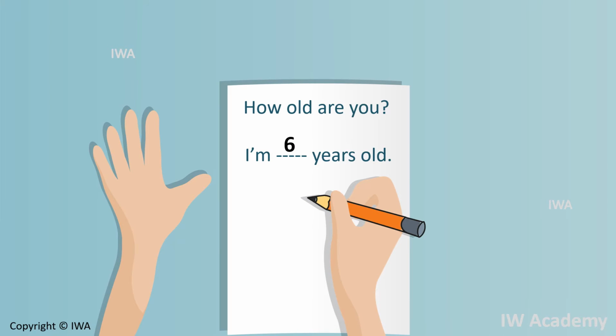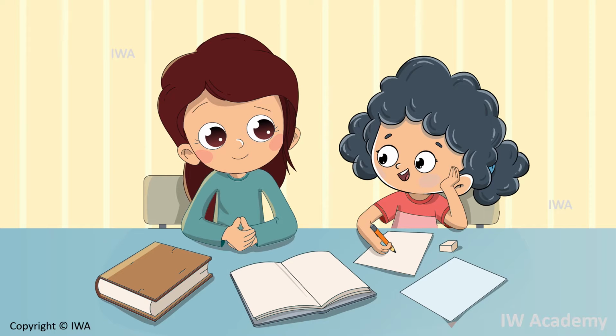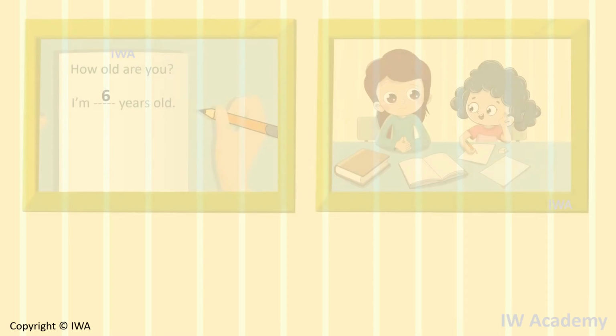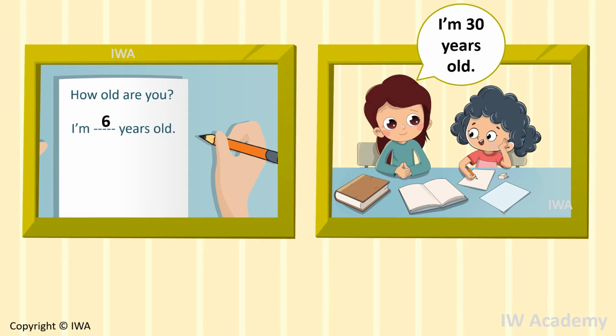That's right. Mom, how old are you? I am 30 years old. Emily and her mom asked the question, how old are you? They used how old to ask about the age.